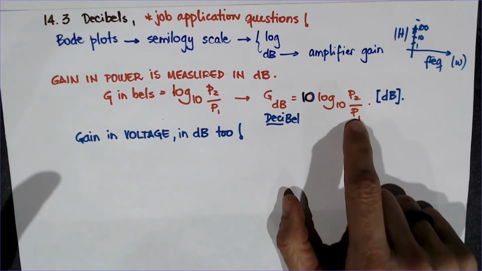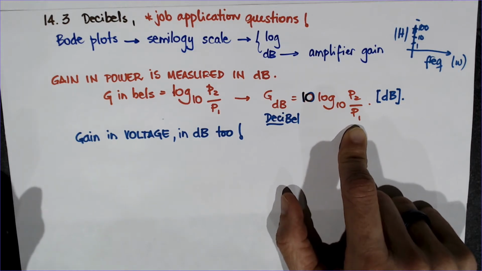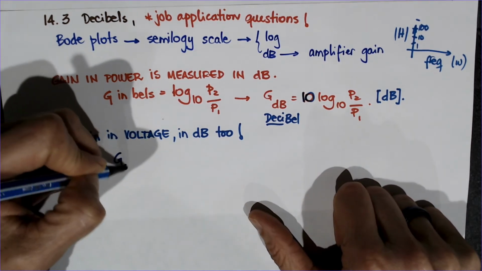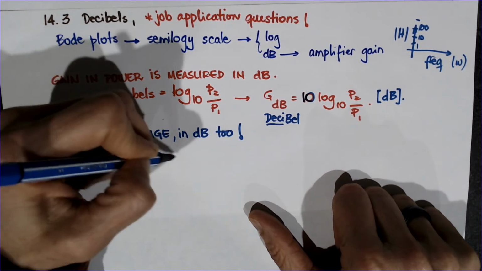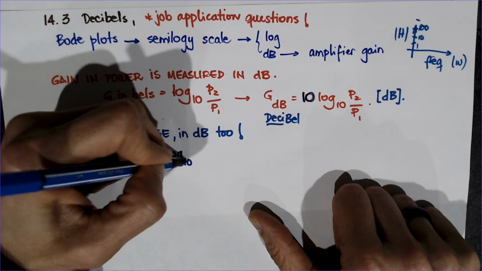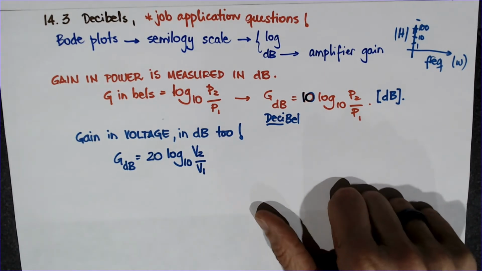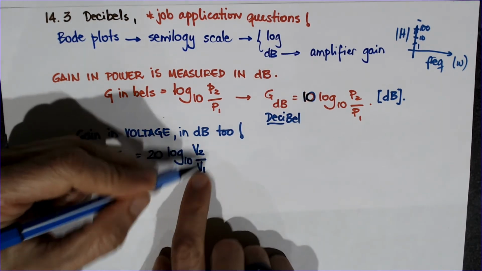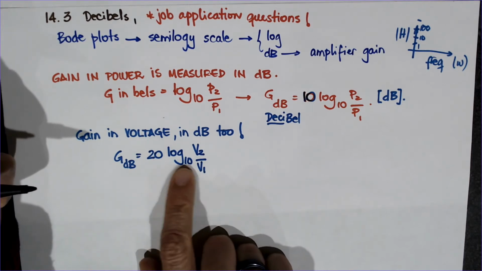Assuming the resistance is the same for both the input and the output, which is a reasonable assumption, power is also the voltage squared. So the gain in dB for voltage is 20 log 10 of V2 over V1. There's a chance you end up getting the same number, because obviously this 2 comes from the square of V2 and V1. But this is very confusing.